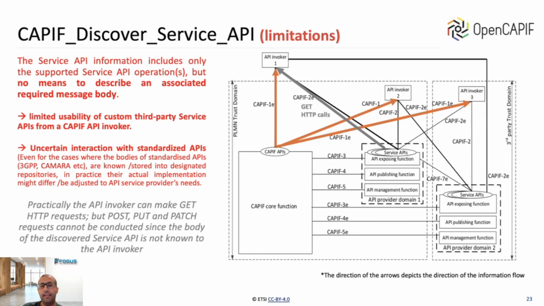So practically, an invoker, by getting some API information from the discover, can make GET HTTP requests, but cannot make POST or PUT or PATCH requests, since it has no information, or not exact information, on the body.